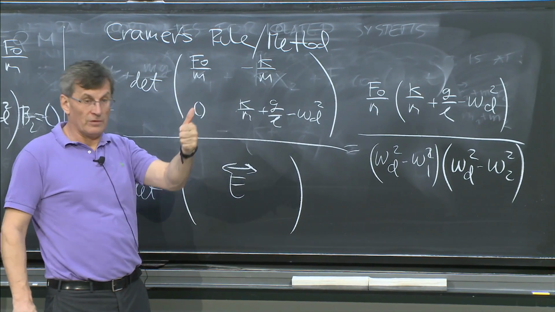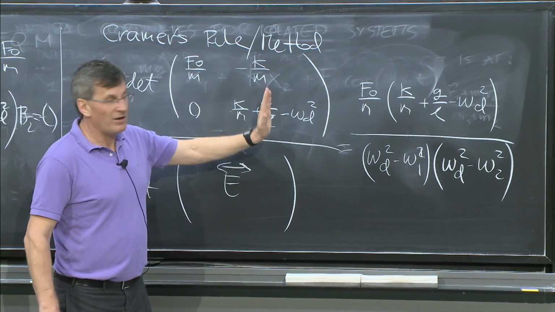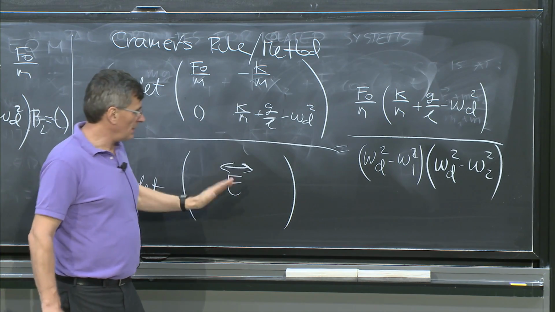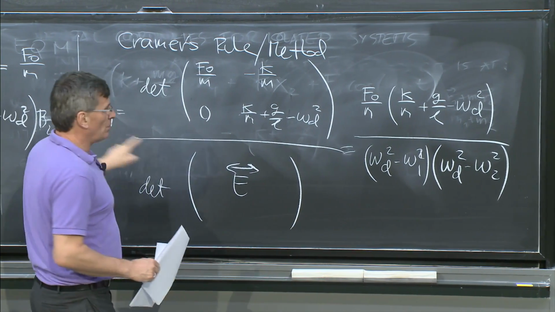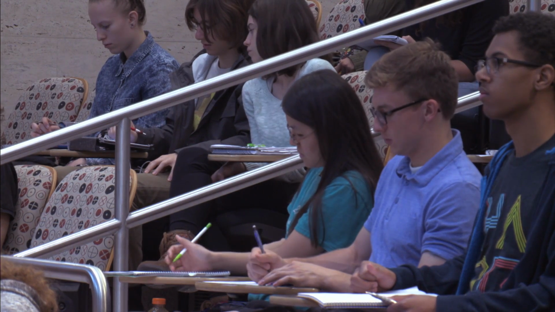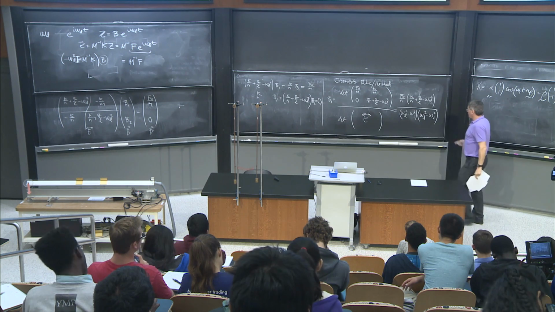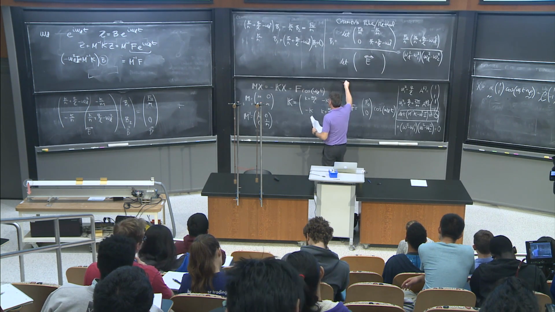All right, that's for the first coefficient. For the second coefficient, you put the driving term here, and you keep the first column. All right, so this is actually the explicit solution for B1. This is the magnitude of oscillations of the first element, and you can do the same thing for B2.